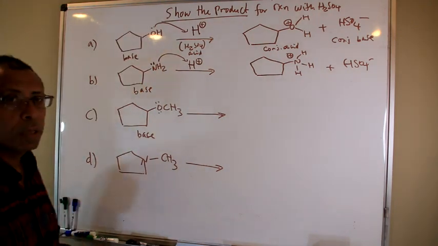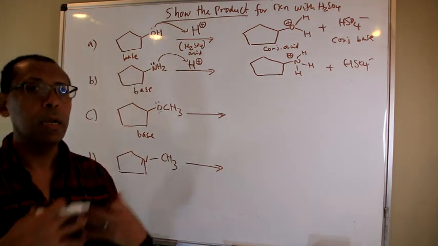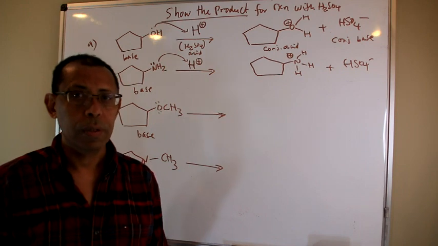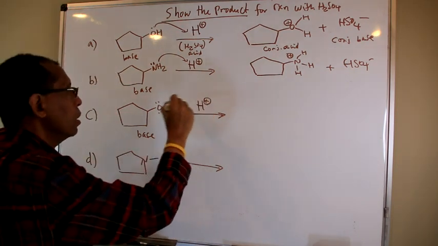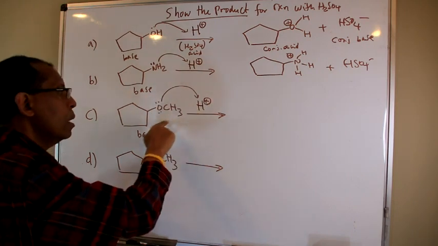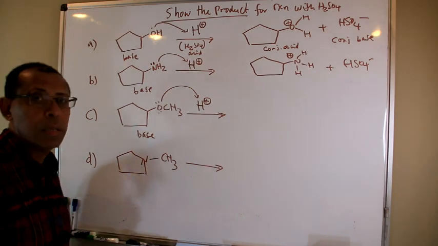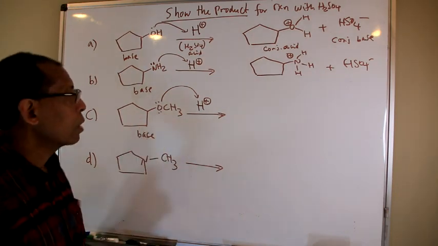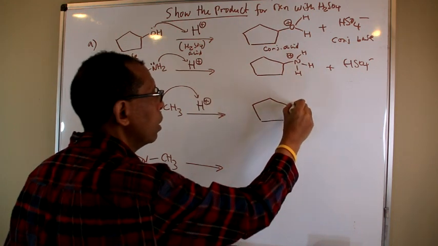By definition, if you remember, a Lewis base is something that can donate a pair of electrons. Therefore, in the reaction, this pair of electrons would grab that proton from the sulfuric acid, which is a very strong acid, to protonate the oxygen. So that is a protonation reaction.